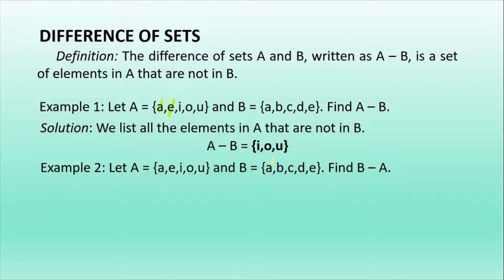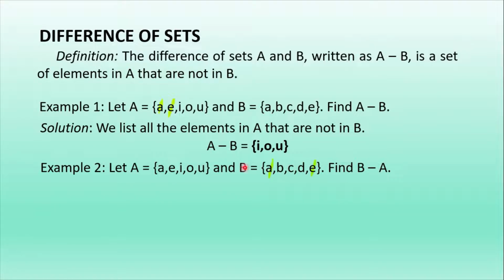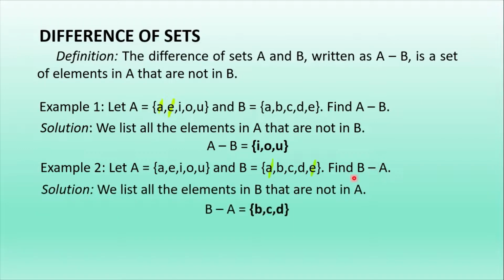We have A, so we erase the A in B, and we erase the A in the other set because that is the common one. Now, what is left in B? It is B, C, and D. So B minus A is equal to B, C, D. So that's difference. Now we come up with a fact that A minus B is not equal to B minus A.